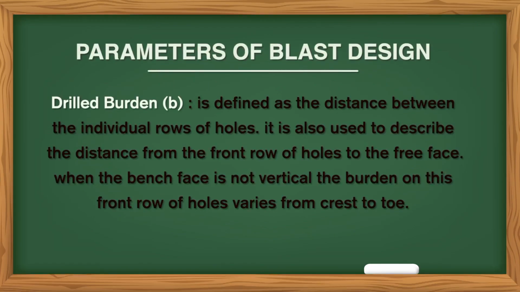Parameters of blast design. First, burden is defined as the distance between the individual rows of holes. It is also used to describe the distance from the front row of holes to the free face. When the bench face is not vertical, the burden on this front row of holes varies from crest to toe.